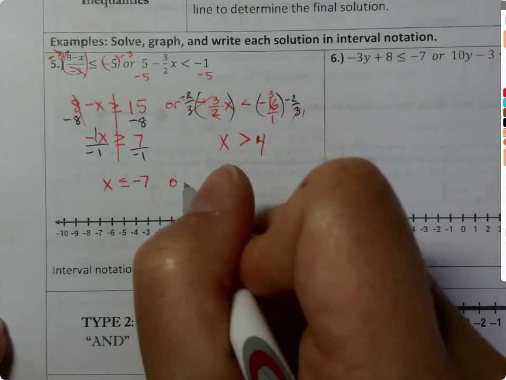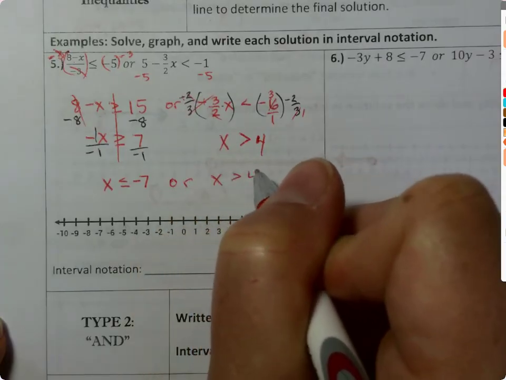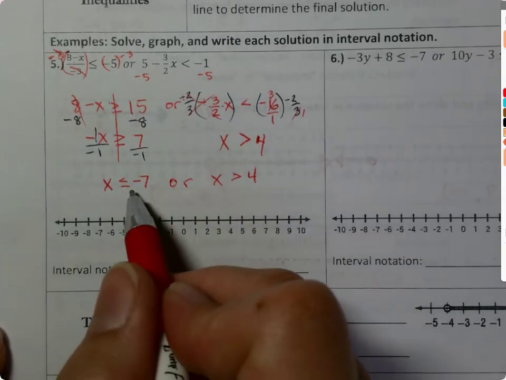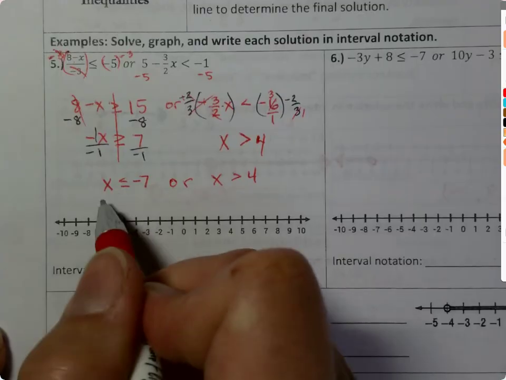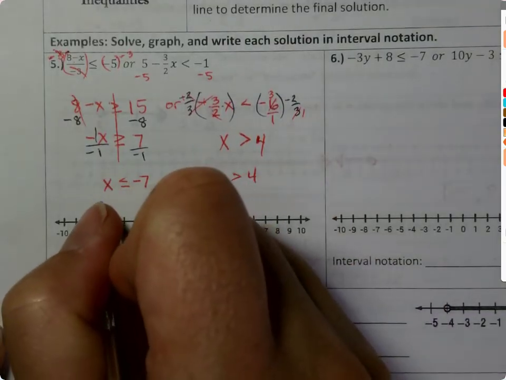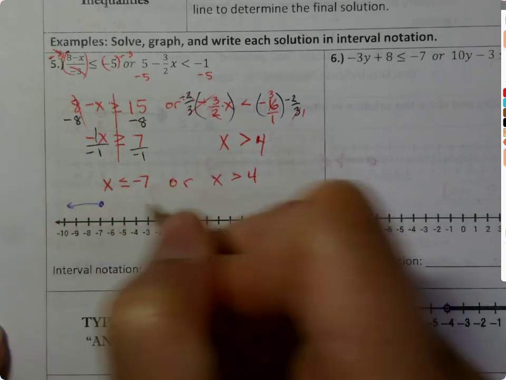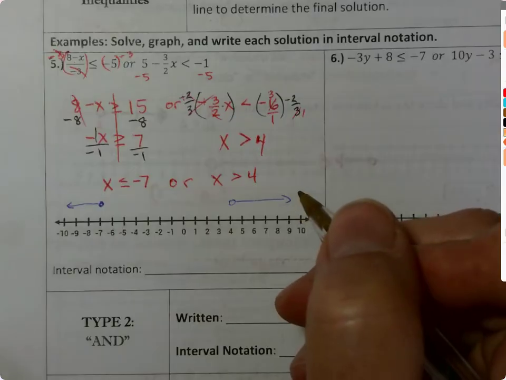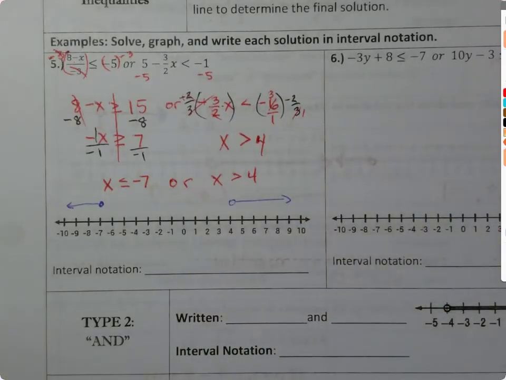All right, there are my two answers. X is less than or equal to negative 7, or x is greater than 4. Now, sometimes we're going to have special cases, so I want to make sure this works. If you look at my number line and it says x is less than or equal to negative 7, I'm going to test it just above. So here would be a closed circle, and I would shade to the left, and x is greater than 4 would be open. This looks like a typical OR statement where they go two different directions.